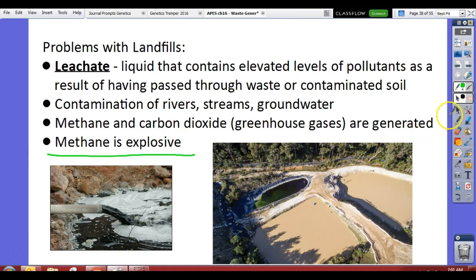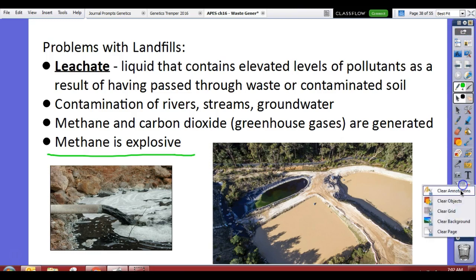If you have a gas stove, that's what you use to light your gas stove. Methane is explosive, kind of just like natural gas or propane, right? And so it can generate some really hazardous situations because we're producing all this methane gas, and if we don't collect it and store it properly, it can cause explosions. So those are the main problems with landfills, okay?